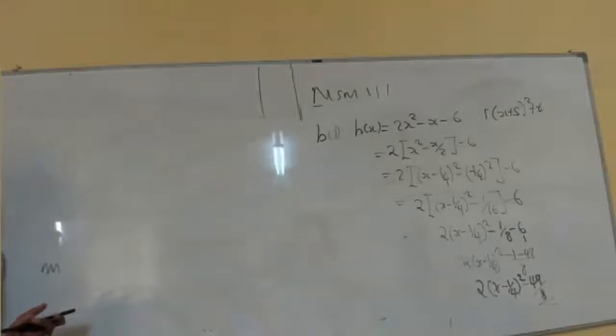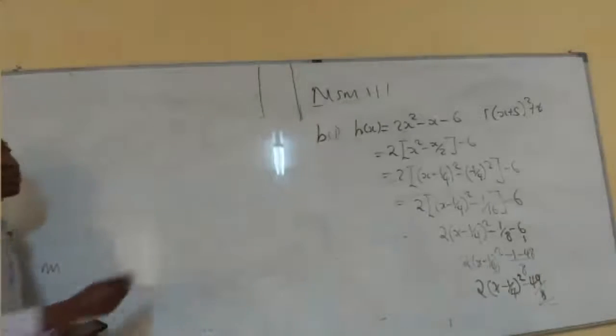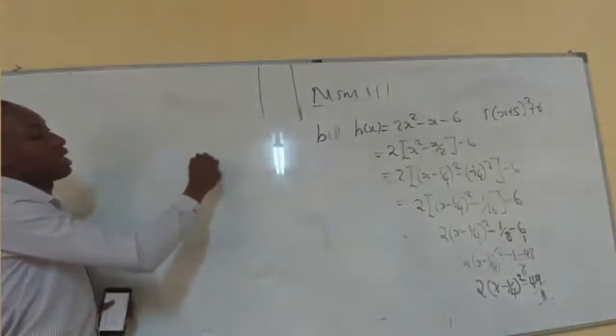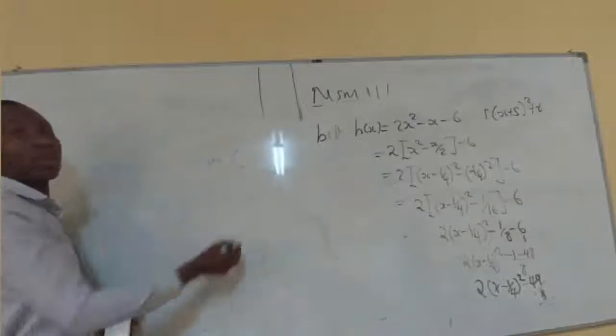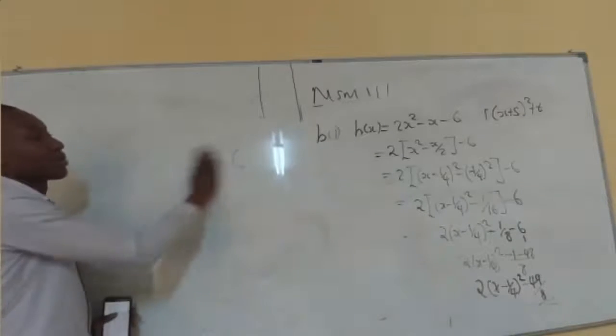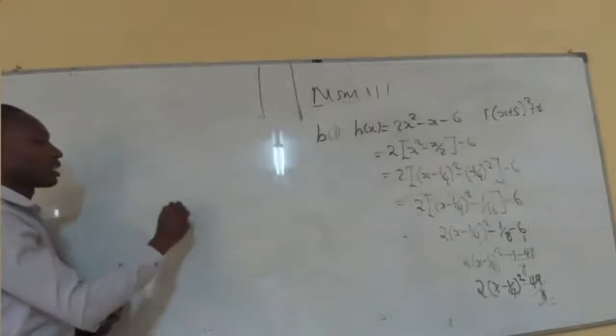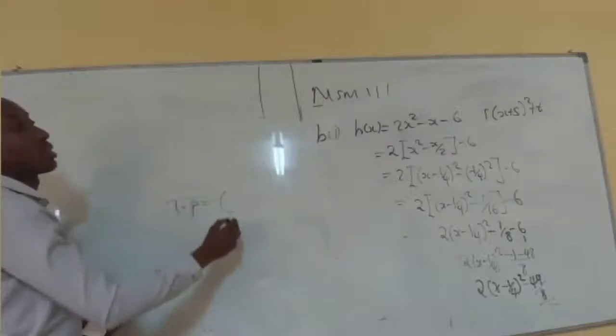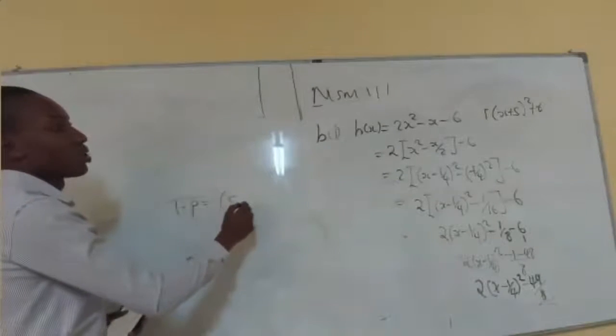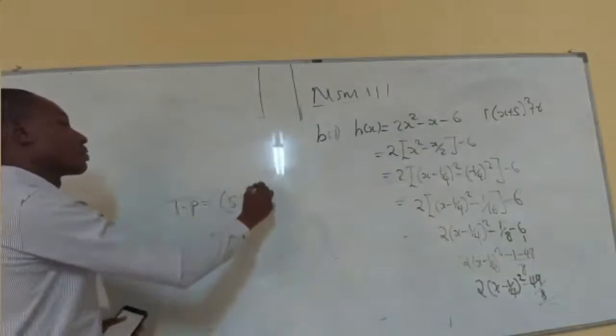So we want to determine the turning point of h(x), right? Now we know that the turning point will be given as (s, t).